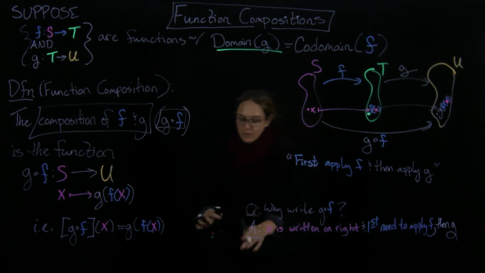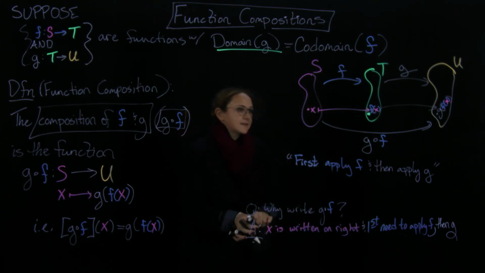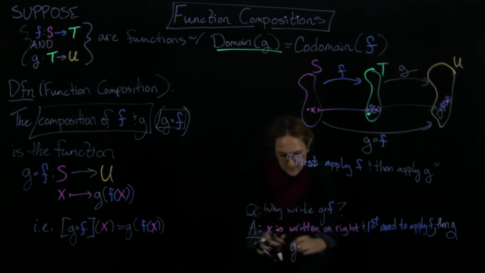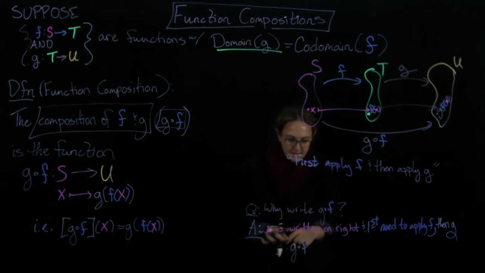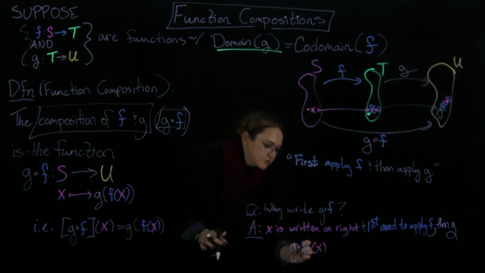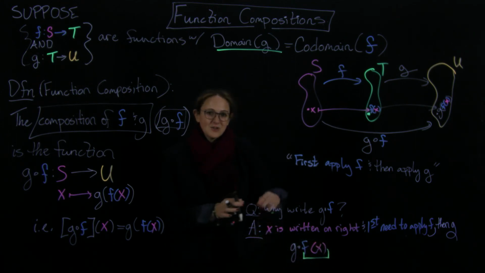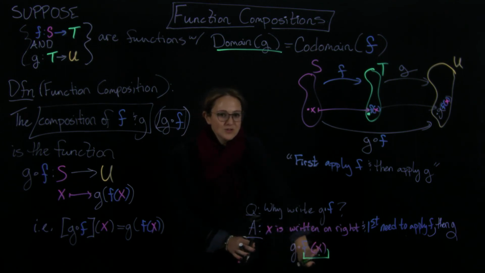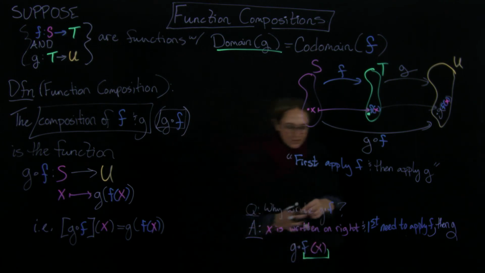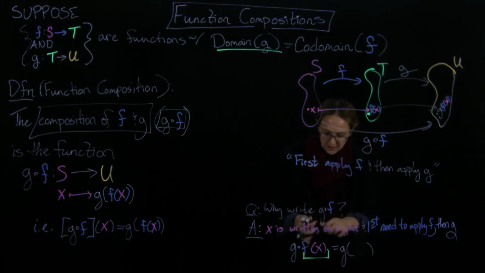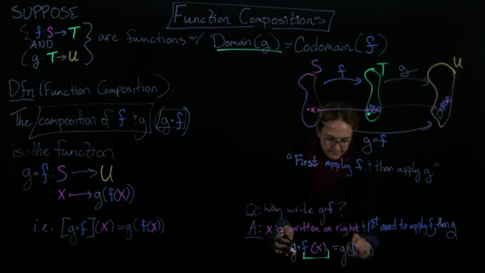When you're writing g composed with f of x, you first do this part. You can imagine you're applying things to x in the order of how close they are, because this notationally works with g of f of x.